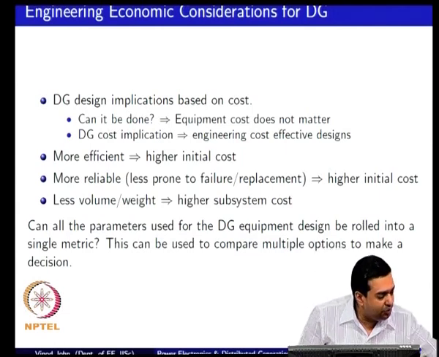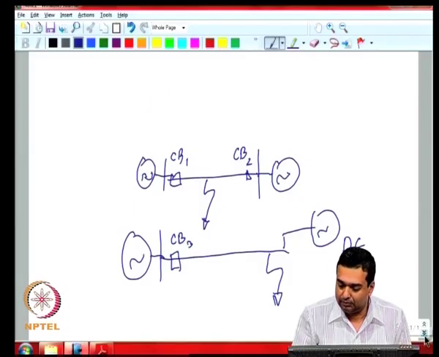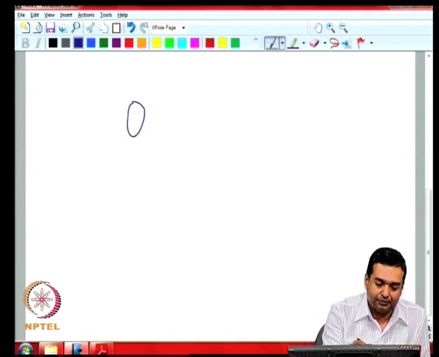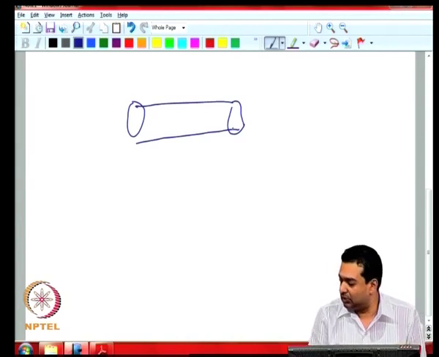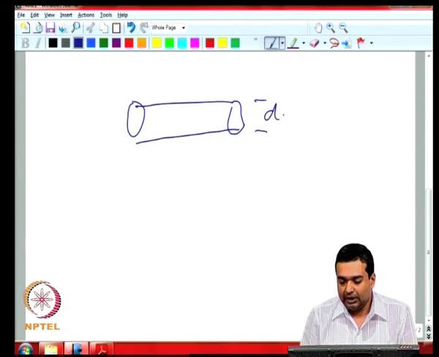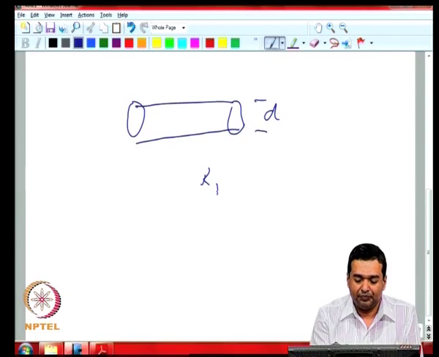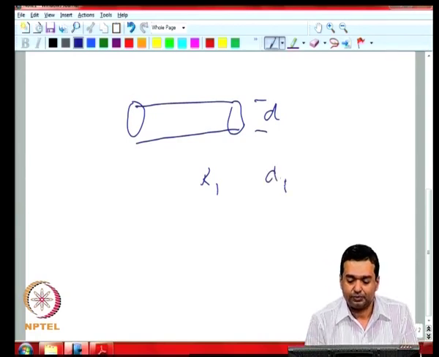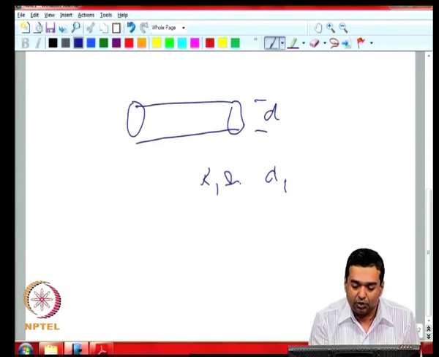Okay. If you look at an example of a simple wire, say a wire of some particular cross sectional area with diameter d1, it will have a resistance of, say, R1 ohms.